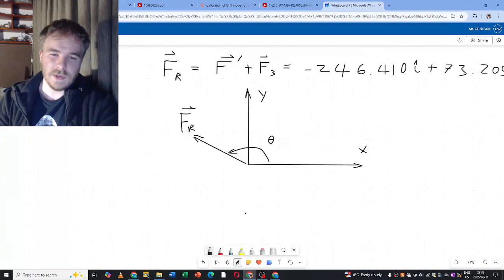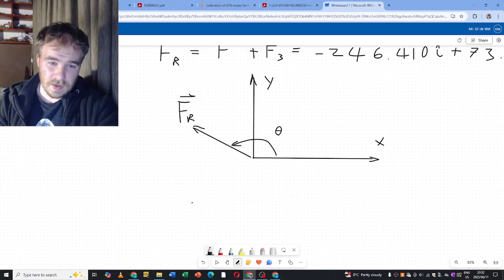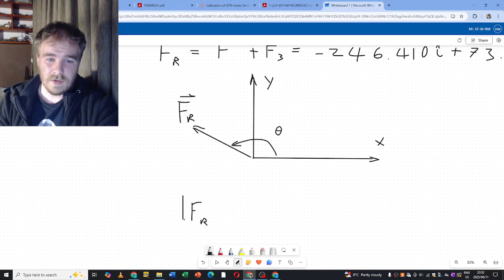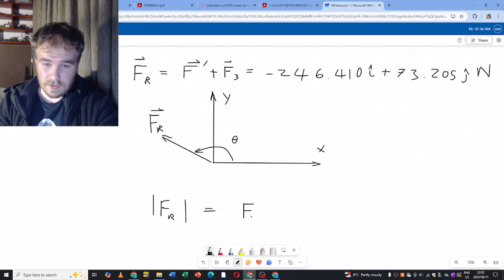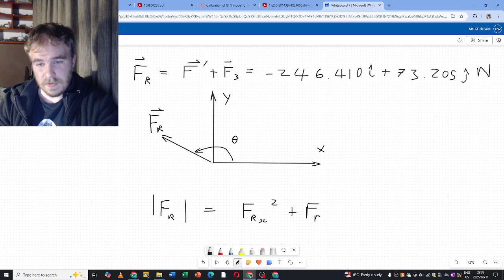Okay, so magnitude, that's not too tricky. The magnitude of FR, I'm going to write the magnitude like this. That's going to be equal to the x value. So that is, in other words, the FR x component squared plus the FR y component squared, and we take the square root of all of that.